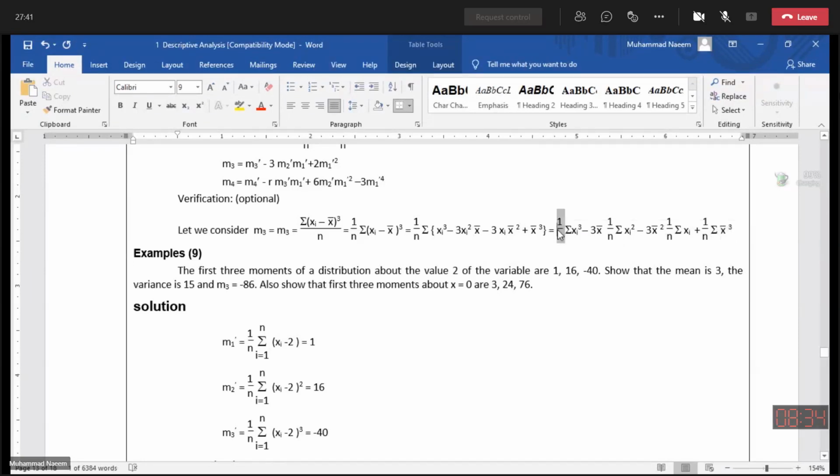If we look at these terms, this first expression is, by definition, the third moment about origin, denoted by M3 prime.